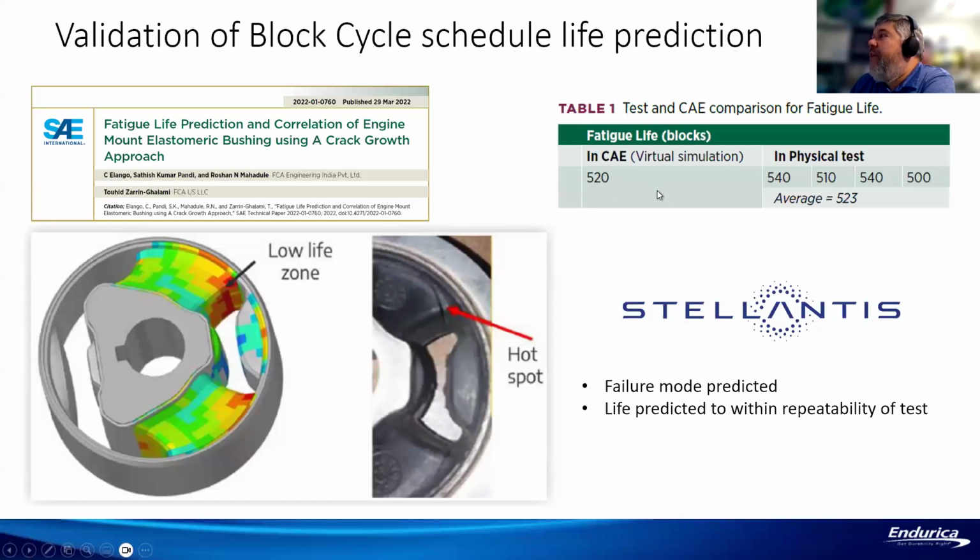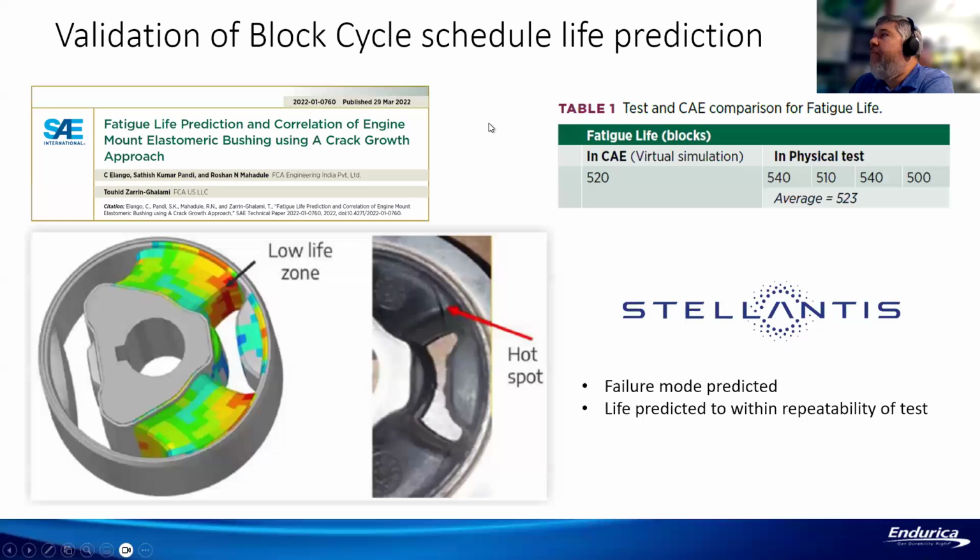And you can see the results here. The CAE prediction was coming out as 520 repeats of a road load schedule. And when they went to the physical test, they got these four replicates that have an average of about 523 repeats. So quite good results. Again, speaking to the issue of accuracy.